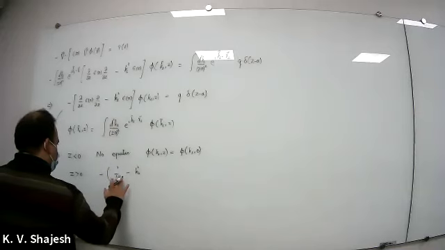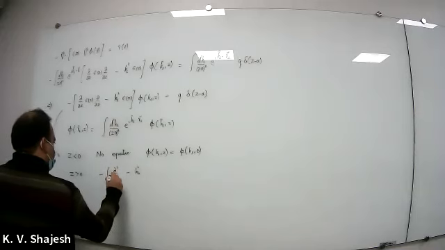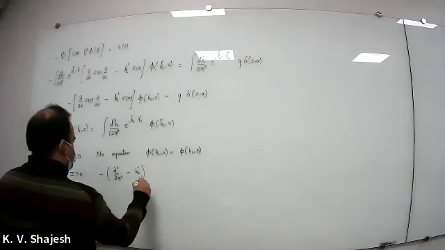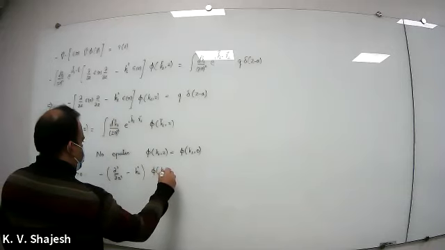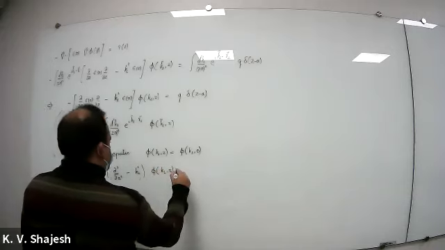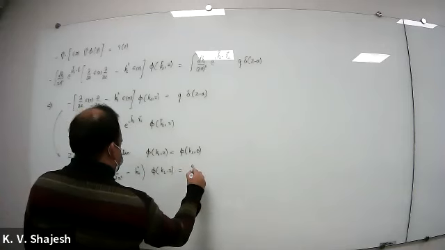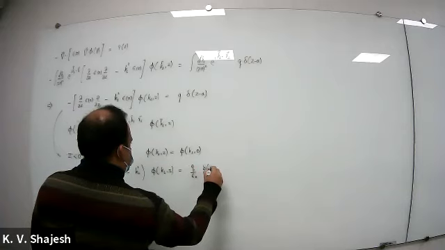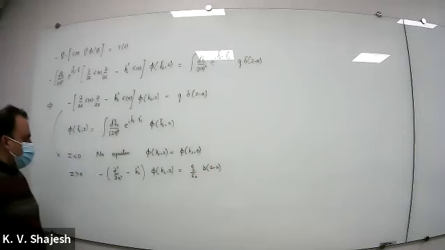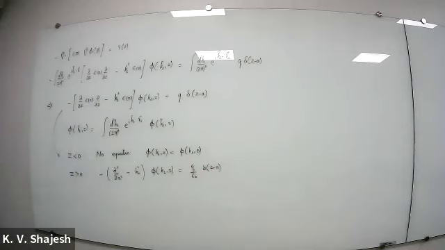This is a partial derivative. Times phi of k_perp, z, that's equal to Q over epsilon naught times delta of z minus a.